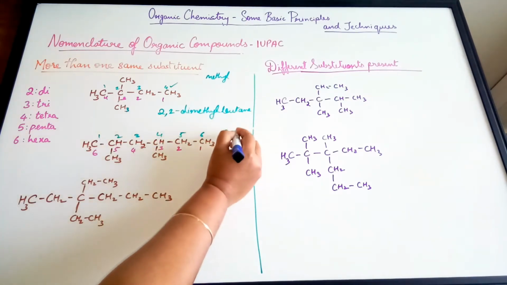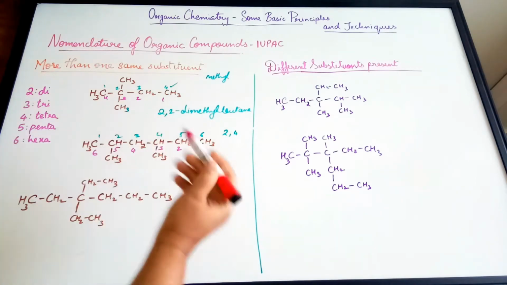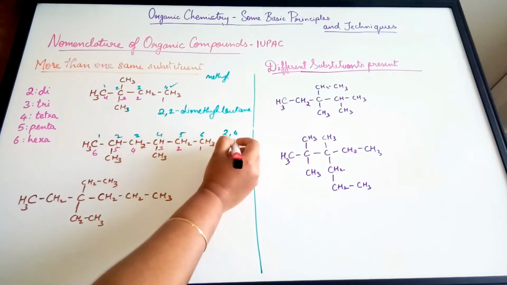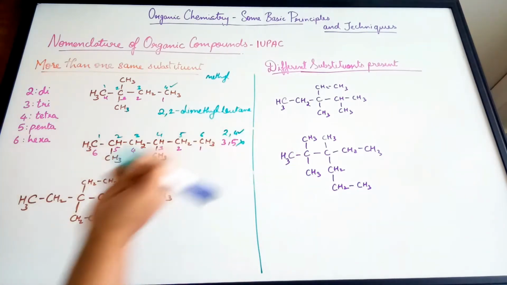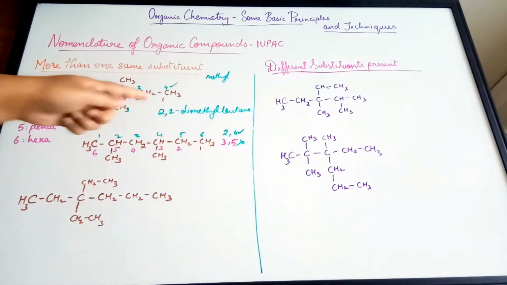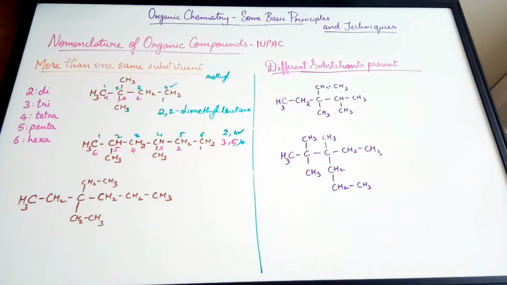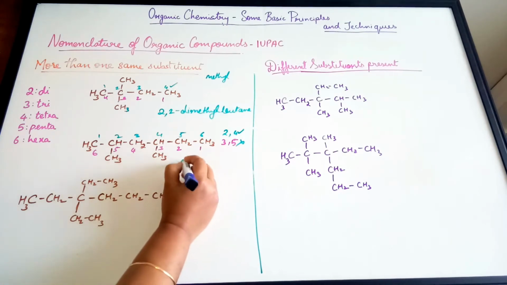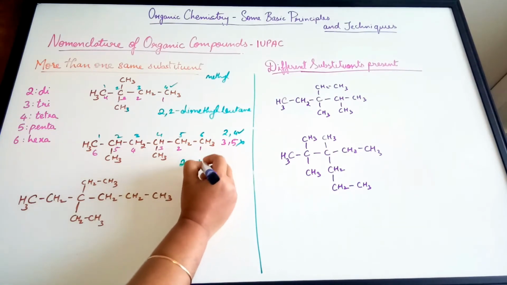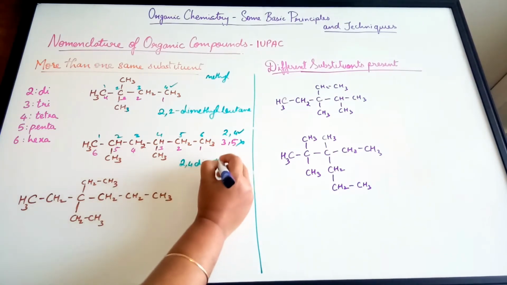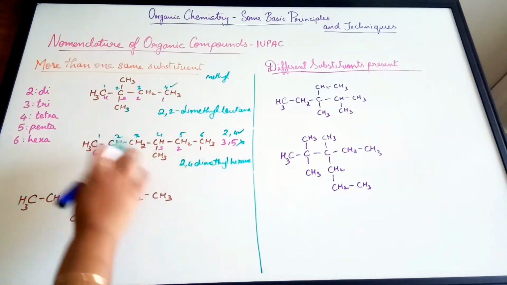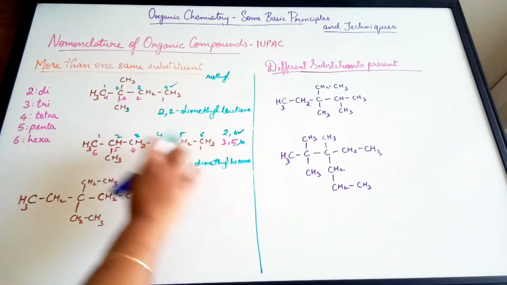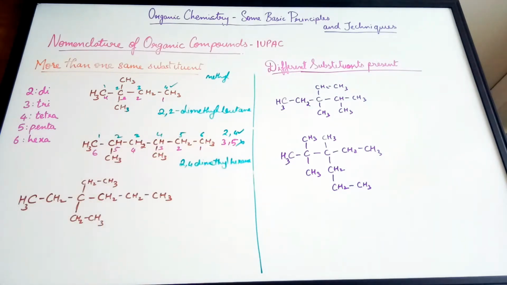It's in the second and the 4th position, or it can be in the 3rd and the 5th position. Based on the first point of difference rule, this will be the right one and this will be wrong, because the lesser number is what is considered. So the name for this compound would be 2,4-dimethylhexane, because your word root is hexane, it has 6 carbon atoms, and it's an alkane, right? So ane.